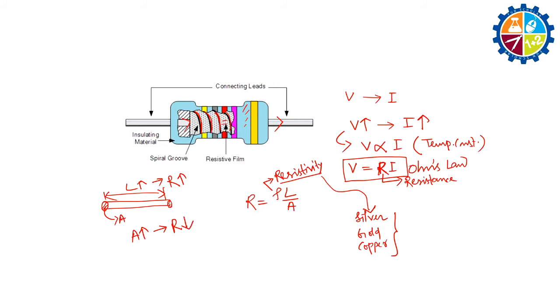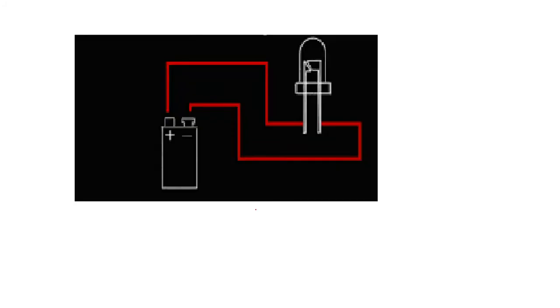Now let's go back to the previous example. A typical LED needs around 10 to 15 milliamps of current to glow. Here I'm providing a 9 volt supply, but this LED has a forward voltage of 2 volts.